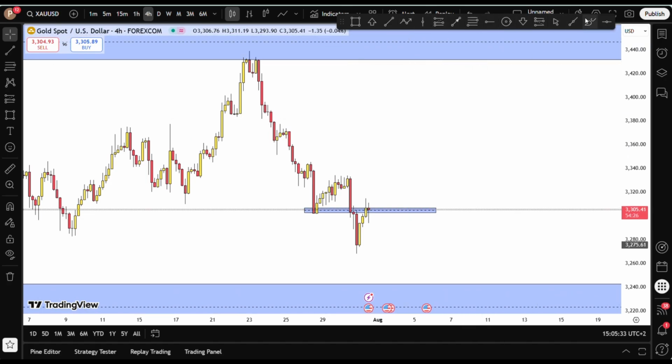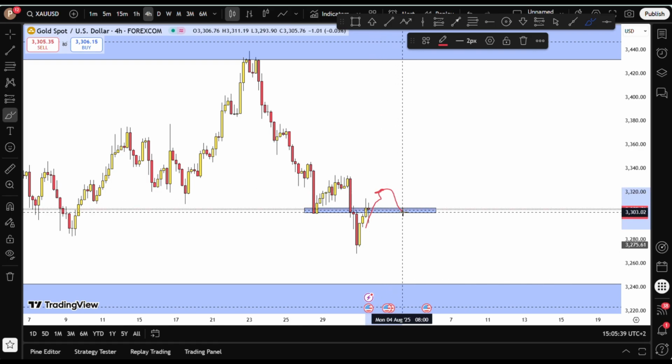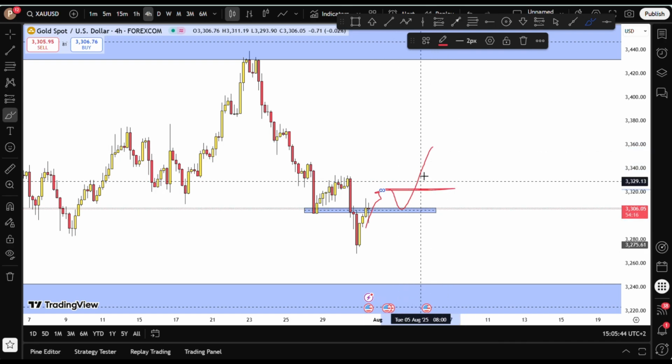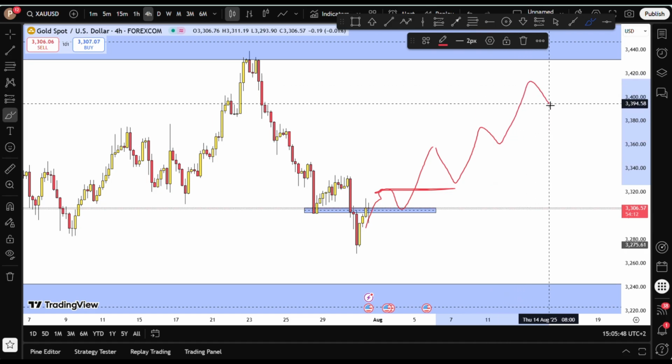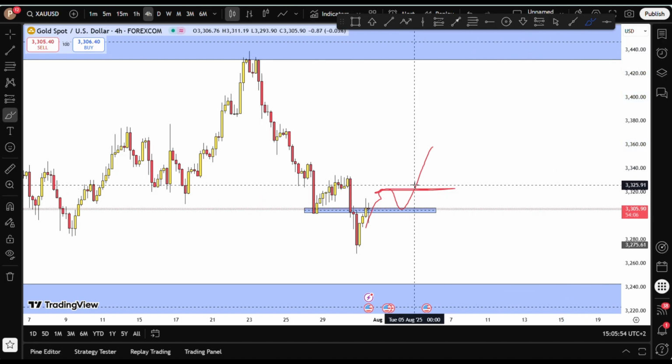And what would make us identify that is a close above this zone and a retest of it, to see that we can now start looking for buyers right here when the market comes back down to complete its normal impulse or buying structure.